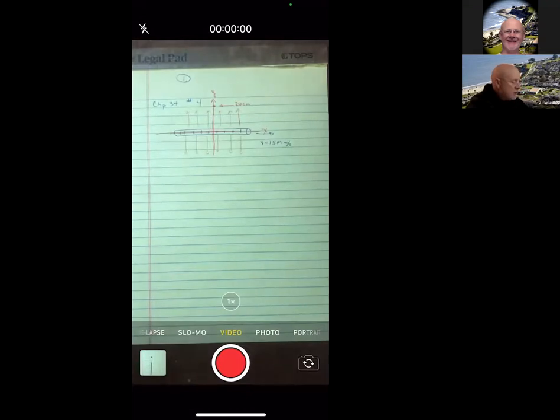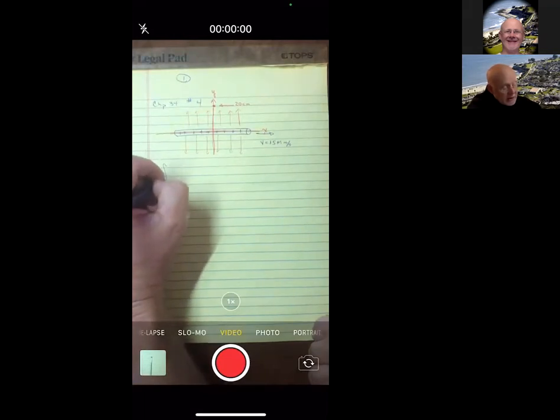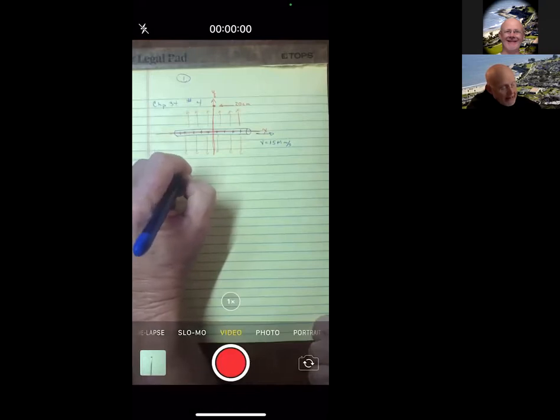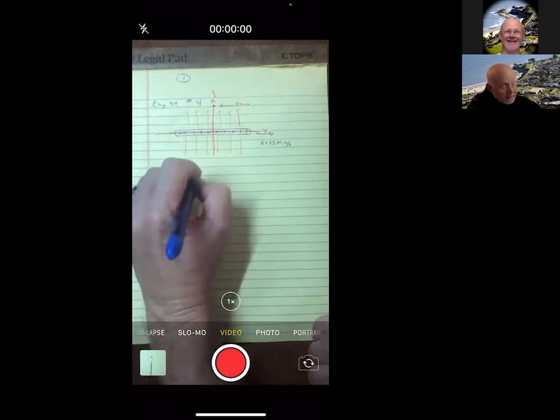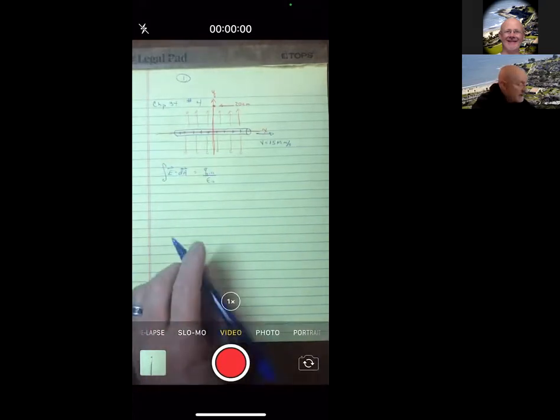So this is a nice review of Gauss's law. Let me perform Gauss's law. Gauss's law says if you take the electric field and add it up over a surface area, so the flux, it would equal the charge enclosed over epsilon naught.